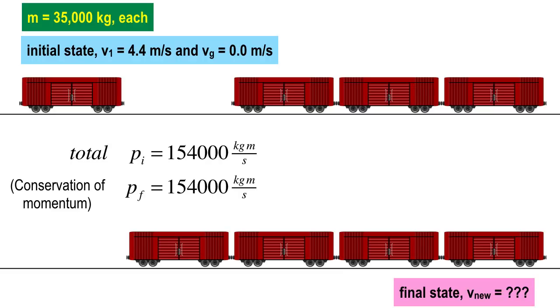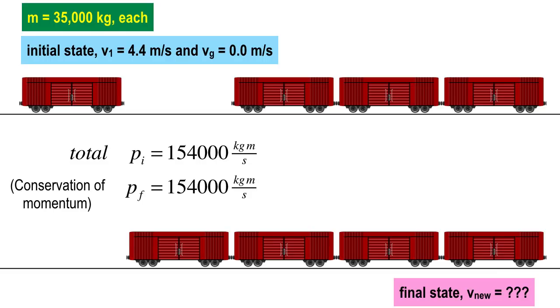Here's a question for you. Which boxcar loses momentum as a single boxcar? The first one, because it slows down. The other 3 gain momentum, but as a system, the total system is locked together now, and they're all moving at the same speed, and that's what we're going to figure out.